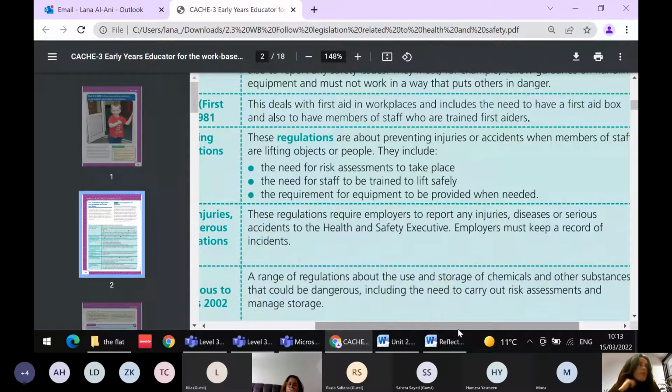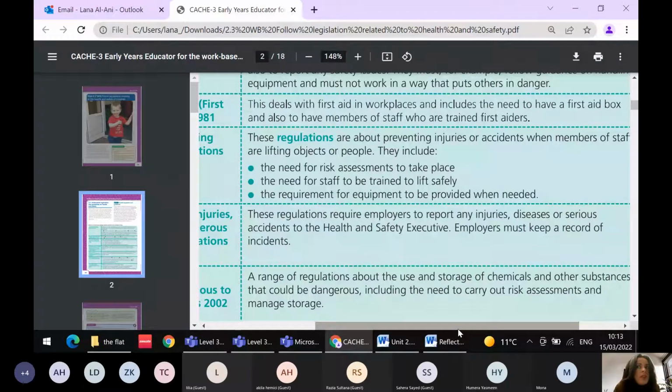Because normally, if you work, let us say, in a health organization, you might have to hold very heavy items or a person. So you need to take care of yourself, not to get a back injury. So what we should do is a risk assessment, and also one of the staff should be trained on lifting safely. So the staff who hold any objects need to be trained.